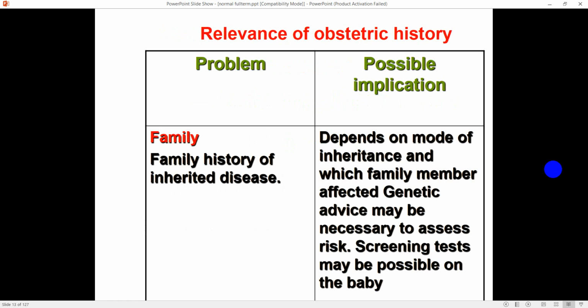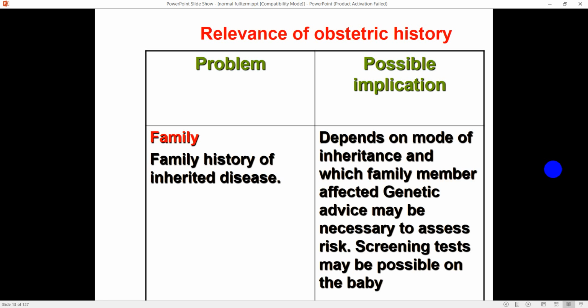Because these maternal informations are needed because there are relevant points in obstetric history related to neonatal problems, because some problems that may occur before delivery may be associated with certain problems. And in the following slides, you can see some examples of the relevant points of obstetric history that may lead to neonatal problems.